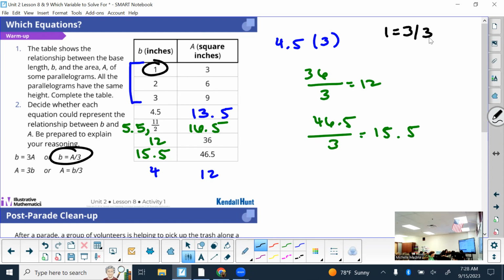Is 3 divided by 3, 1? And then we can even try that one. Is 6 divided by 3, 2? So then I would pick that one as well. If I go the opposite way, 3 times A, which is also 3, is 9, not 1. So then don't pick that one.